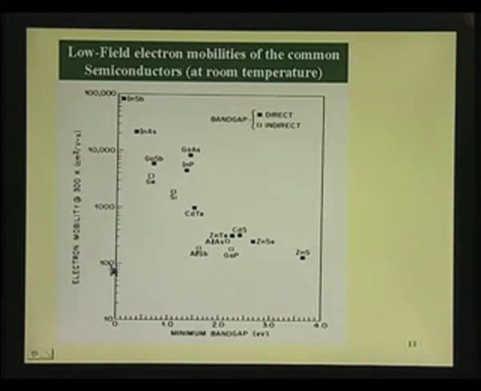It's a scanned figure, because I thought it's better to put that, since it is something which is standard, projected everywhere. 100, 1000, 10,000, 100,000 centimeter square per volt second. You will not believe, unless you see this point there, that you can have electron mobility at room temperature as much as about 80,000 centimeter square per volt second.